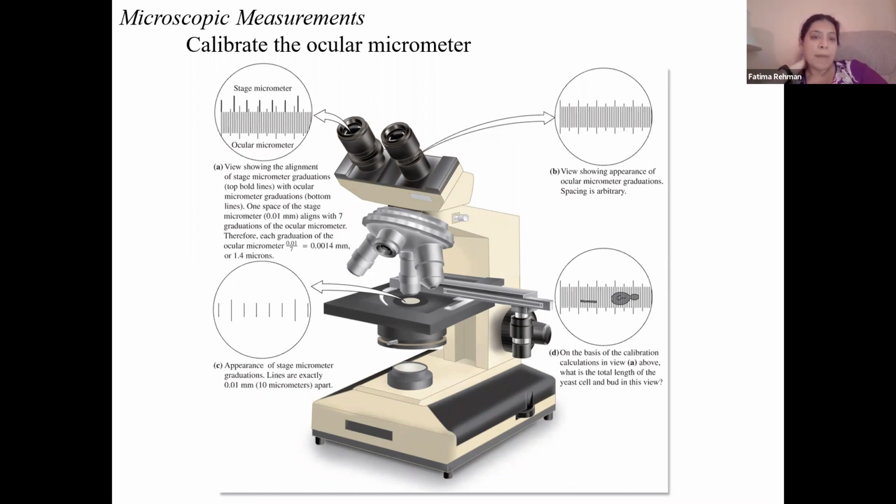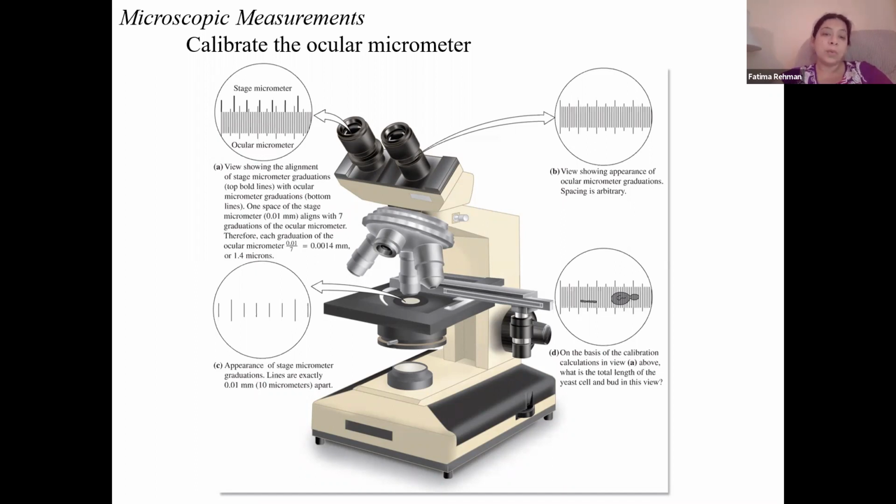What would be the maximum magnification that you can do with this microscope, given that your highest objective lens has 100x magnifying power? Yep, good job. It would be 1,000x. And what would be the minimum magnification that you can do, considering that the lowest objective lens has 4x power? 40x, that's right, good job.